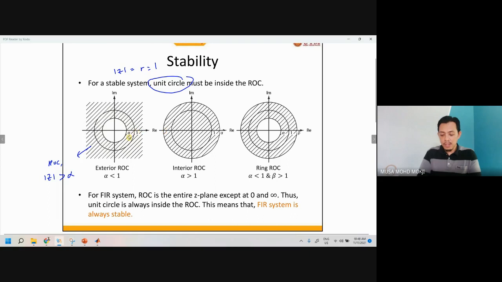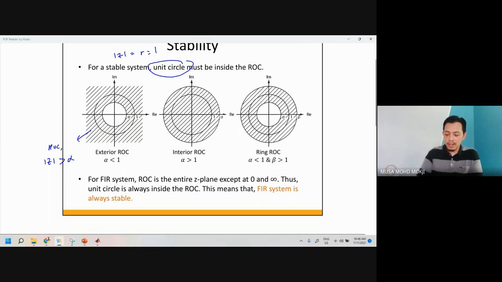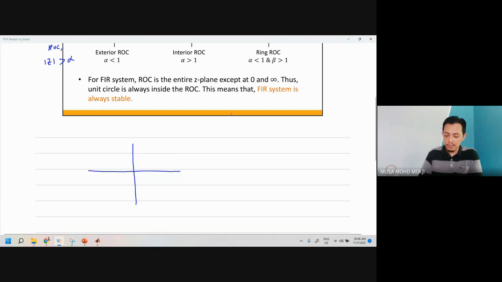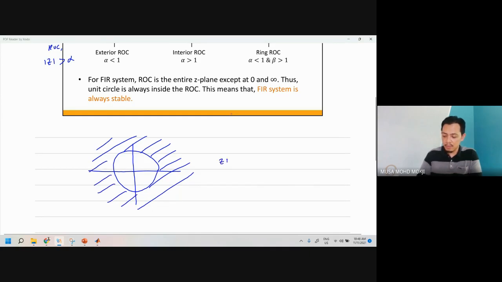If alpha is greater than 1, here is one example. Let's say this is the ROC: |z| greater than 2. So this is 2, and this is also 2.